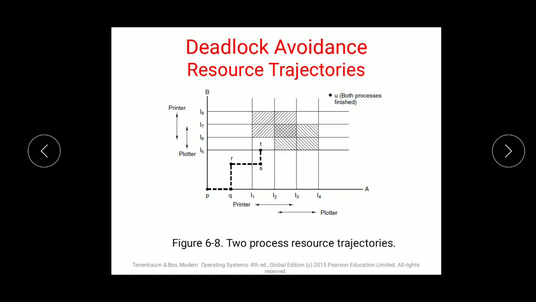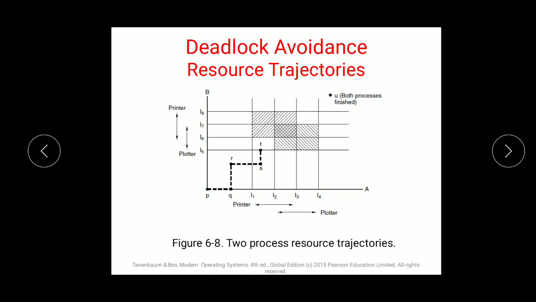Initially, every process declares the maximum number of resources which it may require. So when a process starts, it tells the system that this is the amount of resources it requires.